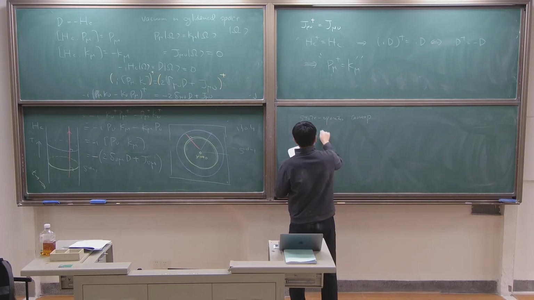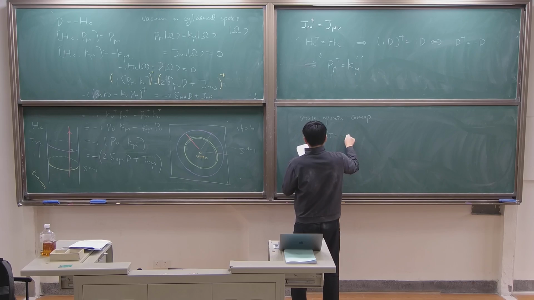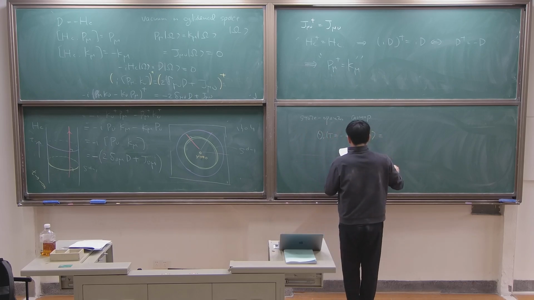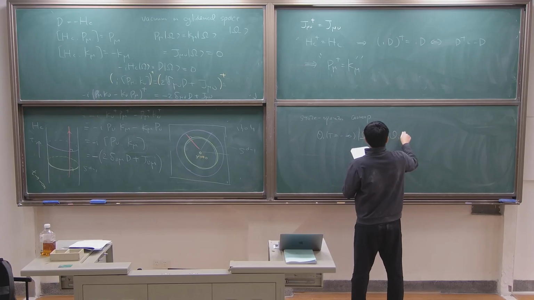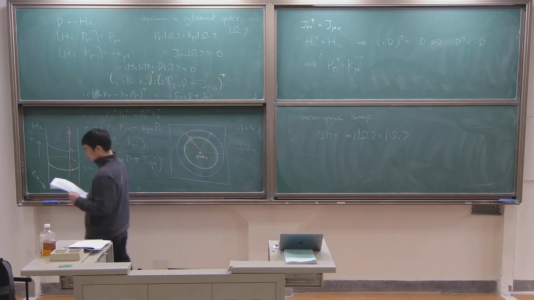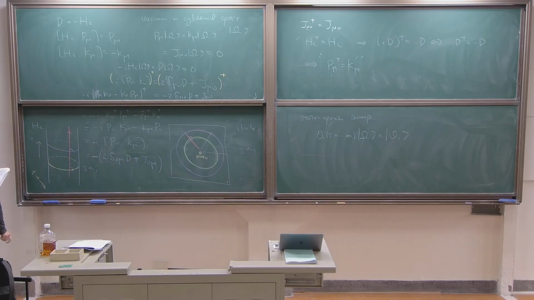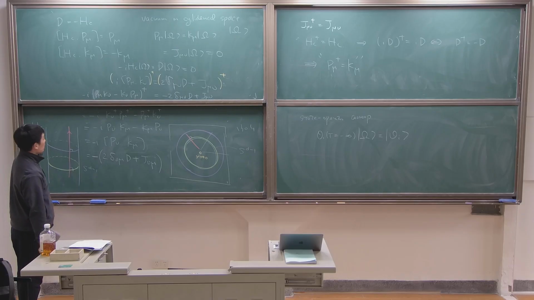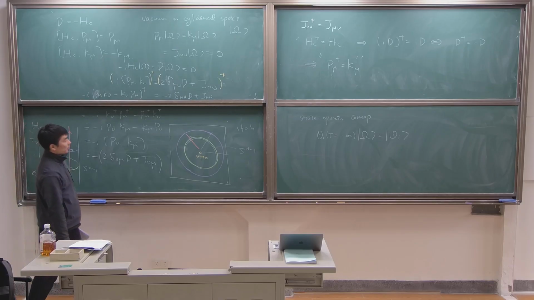If you act with O at time t going to infinity on the vacuum, that corresponds to the state O. That's the state-operator correspondence we want to impose in this example.